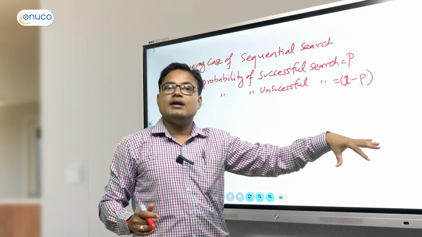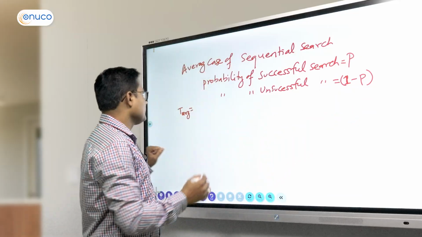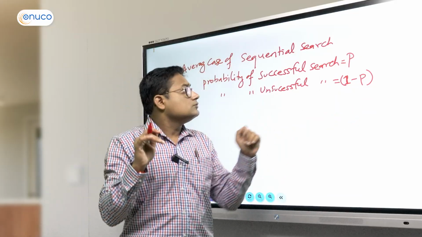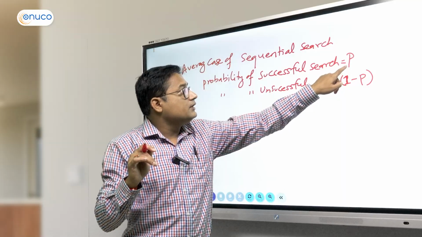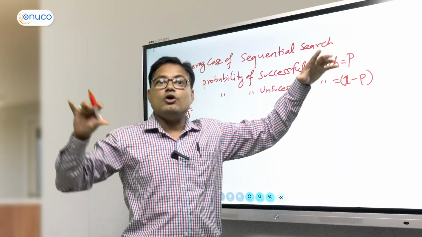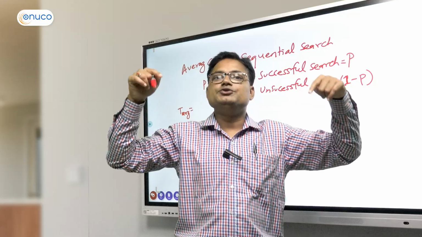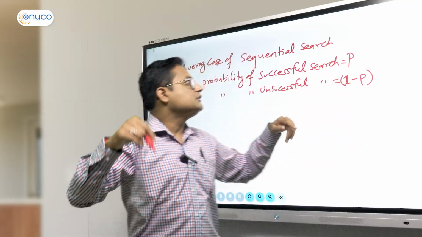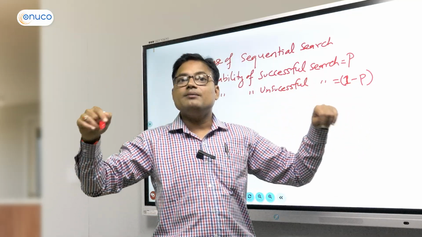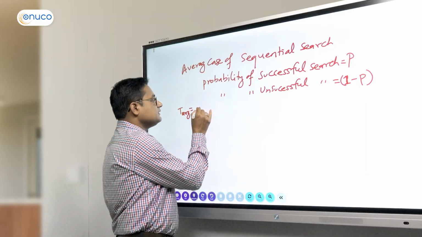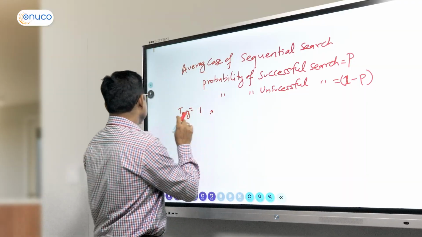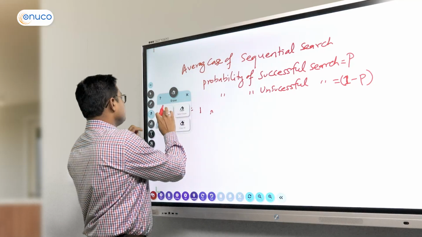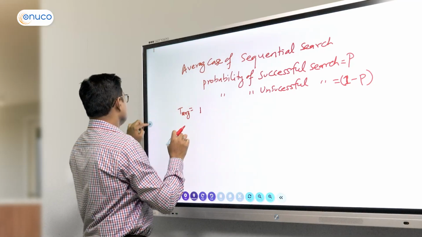We are going to analyze both probabilities. If the probability of successful search is P for all n elements, then what will be the unit element probability? The unit element probability is going to be P divided by n. So if the first element is there, we are going to write along with that the probabilities you are talking about.